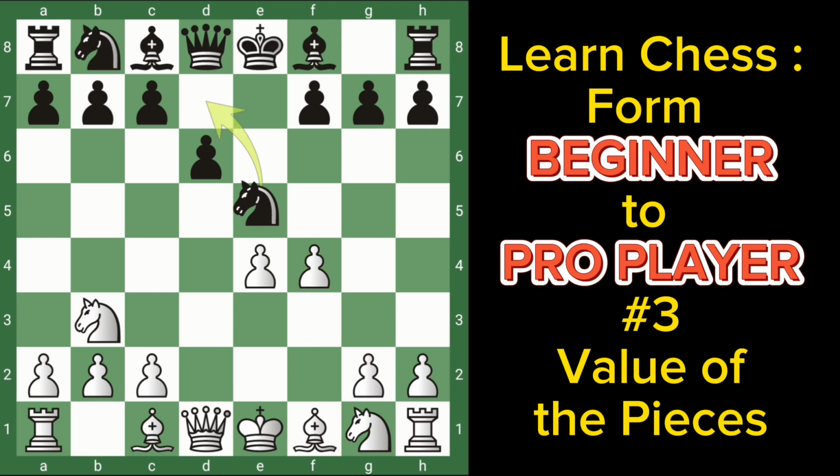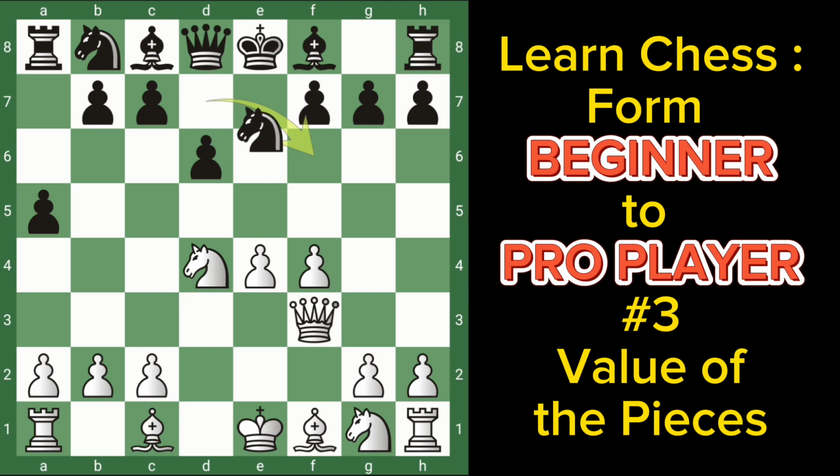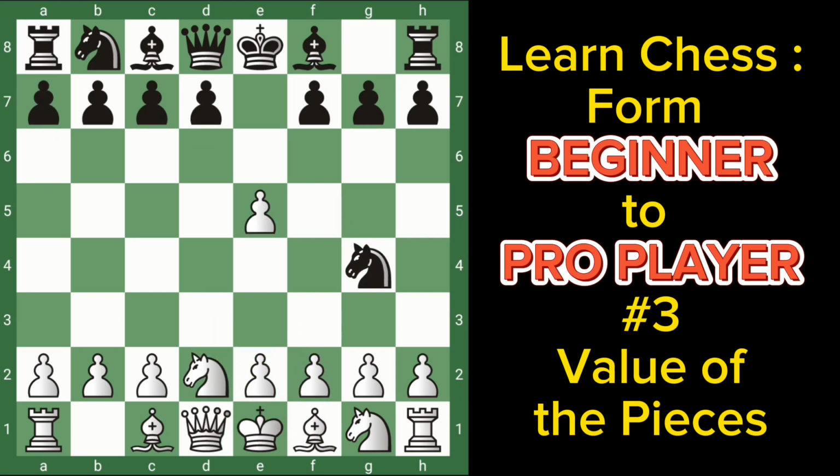F4. Knight E D7. Queen F3. A5. Knight D4. Knight F6. Bishop D3. It is possible to play Knight G F3.